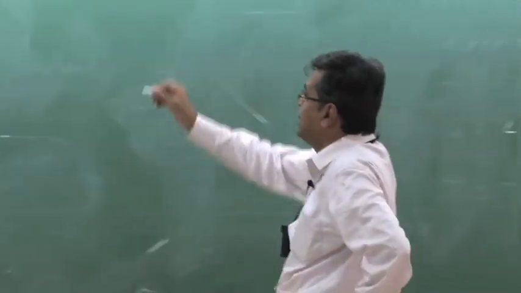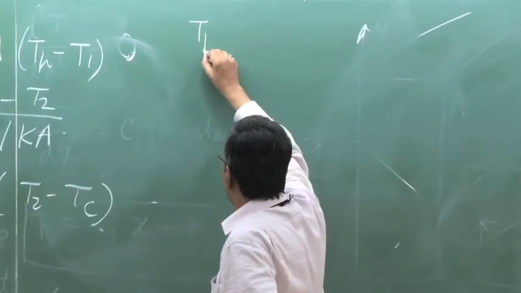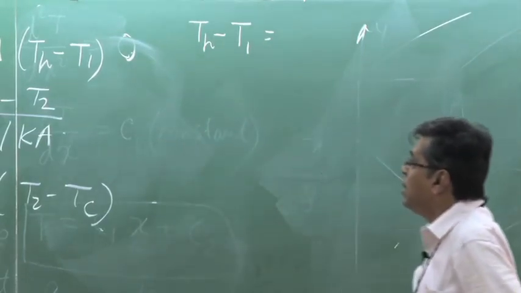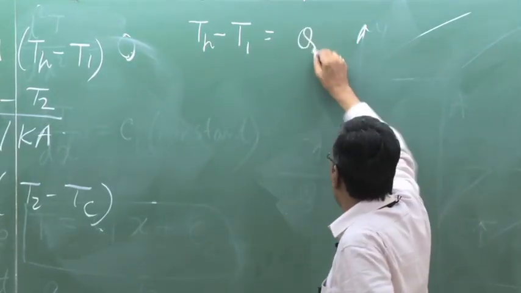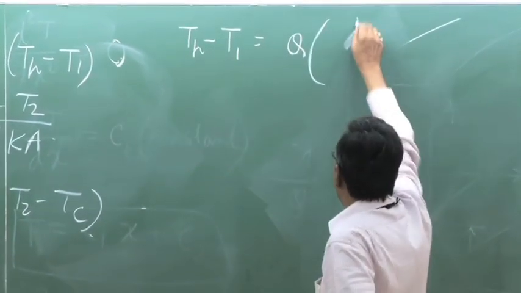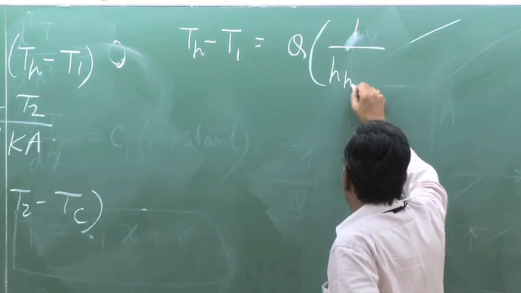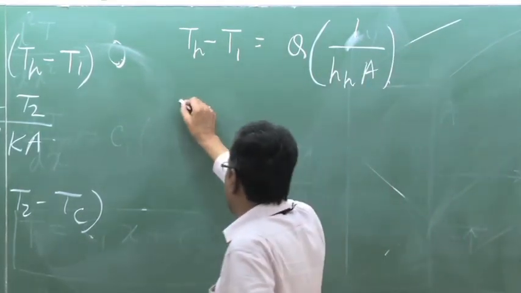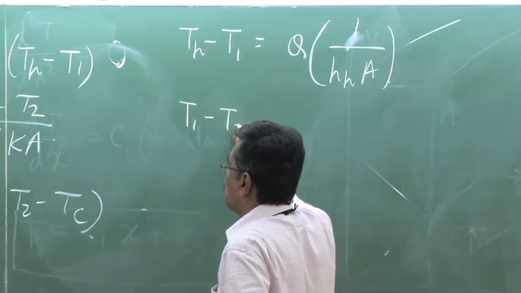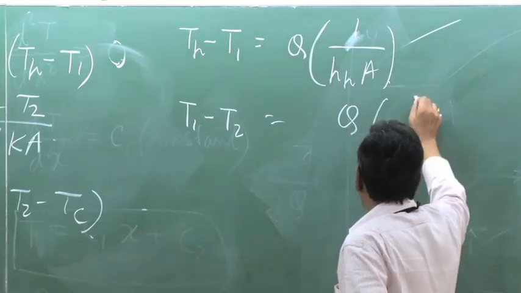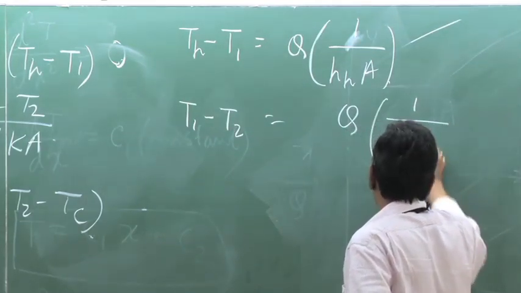Or, the other way, if I write in this fashion, this TH minus, this is a little rearrangement, it is Q into 1 by HHA. Similarly, if I write T1 minus T2, it is Q into L by Ka.